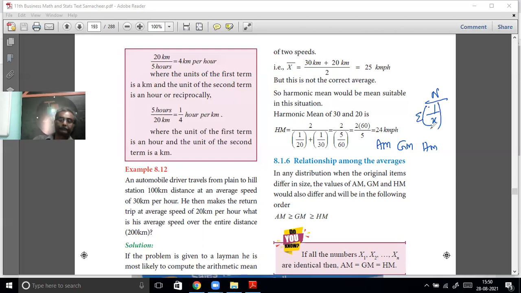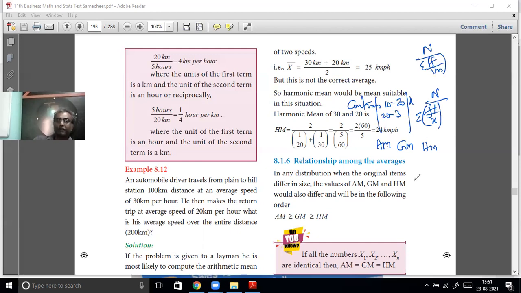If it is frequency based, then n divided by sigma f by x. If it is continuous values, class ranges like 10 to 20, 20 to 30, with frequencies given, then n by sigma f by m, where the midpoint is taken. That's all. So these are the three formulas.